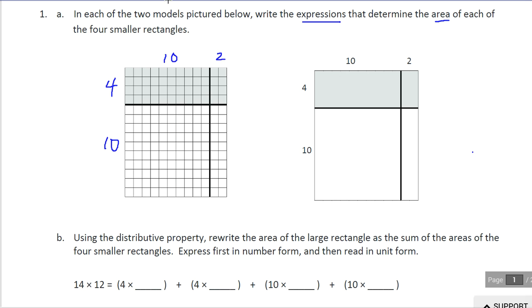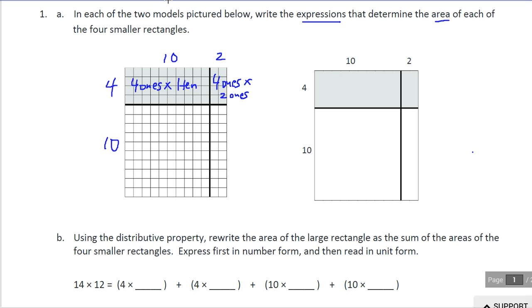Here's the area model without the grid lines. These are 4 1s, so that's really 4 1s times 10. And what about this box here? That's just going to be 4 1s times 2 1s.